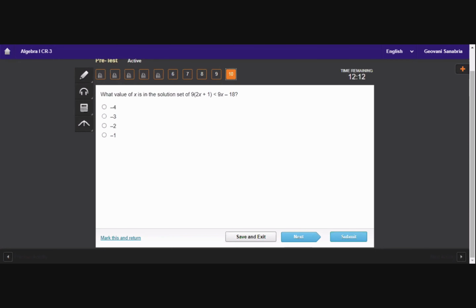So now I got 9 less than 9x minus 18. It should be negative 9x. Okay. So if you do 9 minus 18, then it is negative 9. So negative 9x minus 18. Okay.